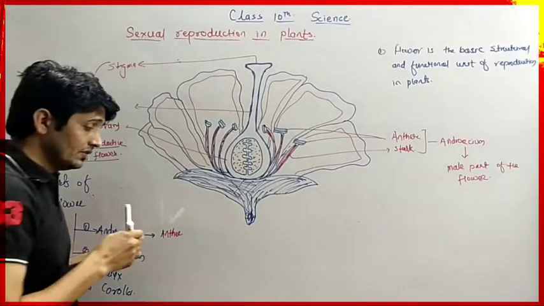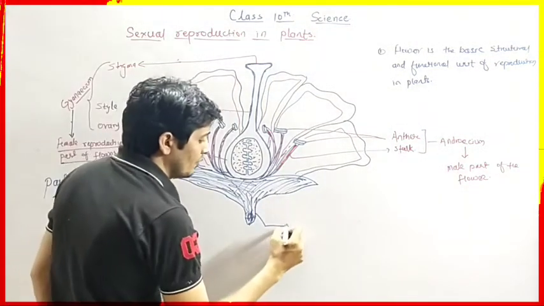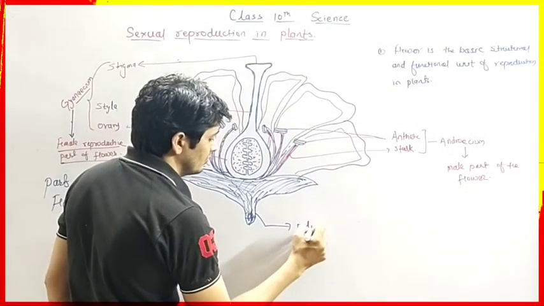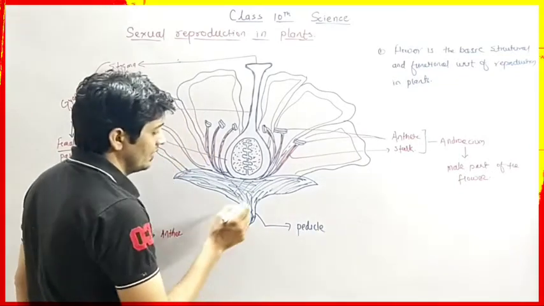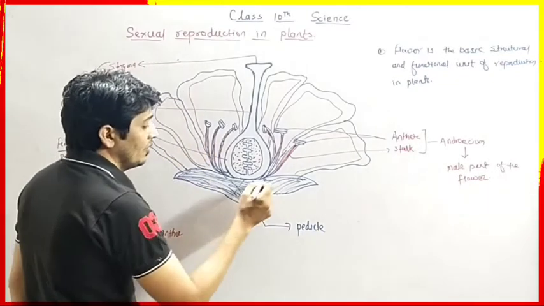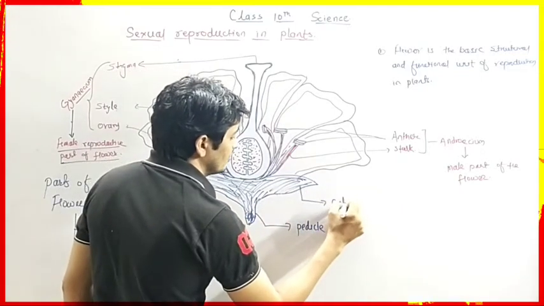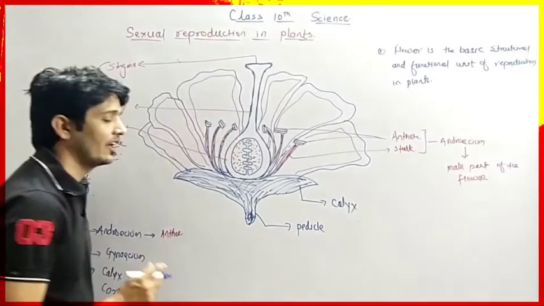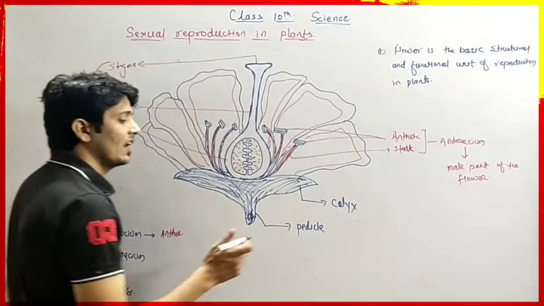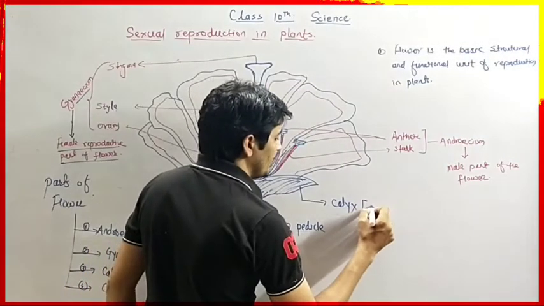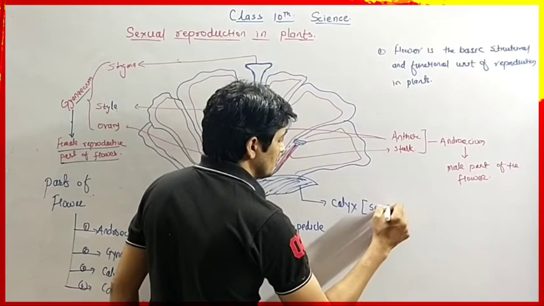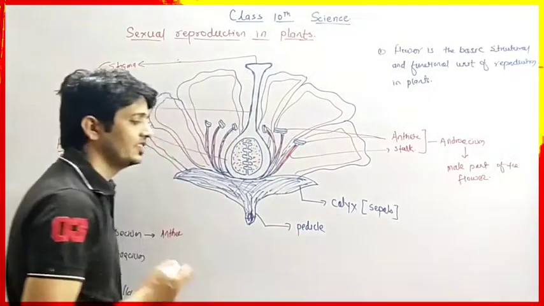This is the pedicel of the flower, and these green parts of the flower are called calyx. Calyx are also called sepals.